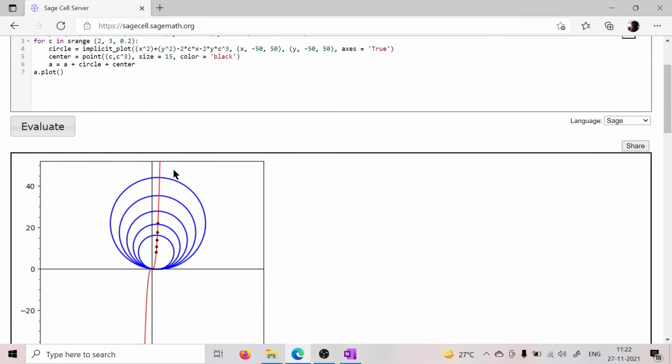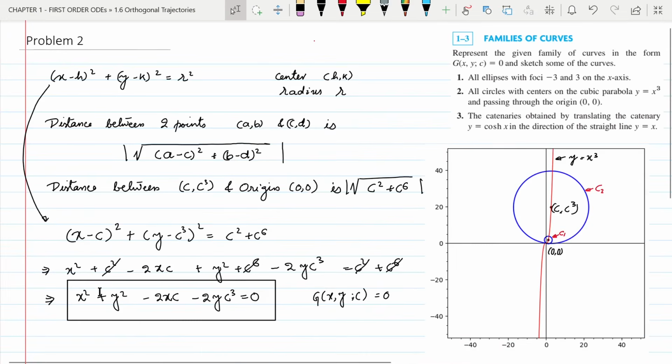You can see here the cubic parabola is in color red. The circles are all passing through the origin (0, 0). Its centers are shown in black color, which are on the cubic parabola. So all our conditions are satisfied. So this is the general equation of the family of circles passing through the origin and with centers on the cubic parabola y equal to x cube.